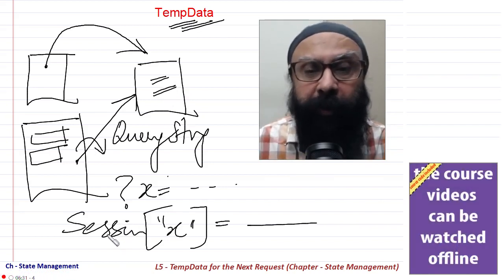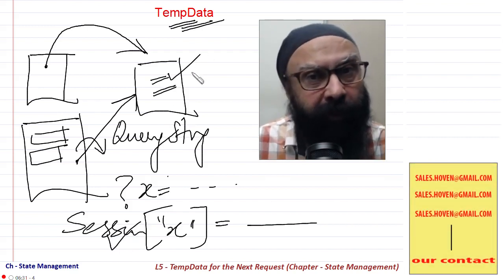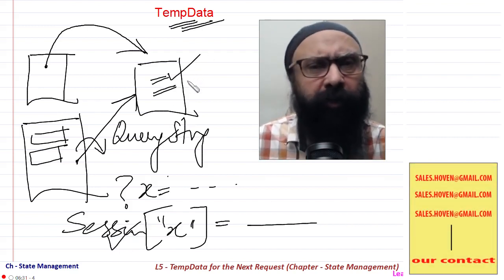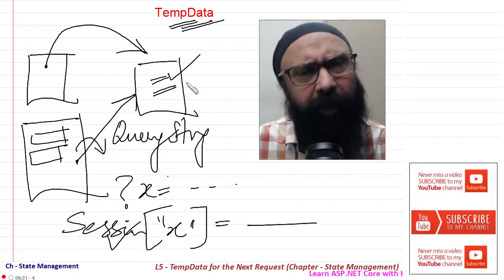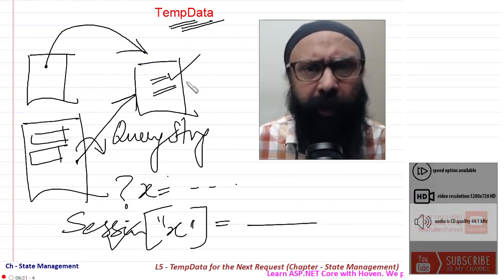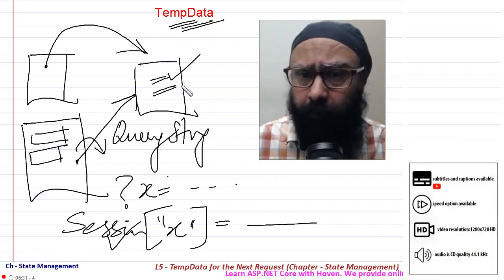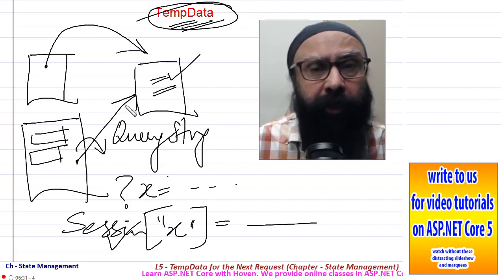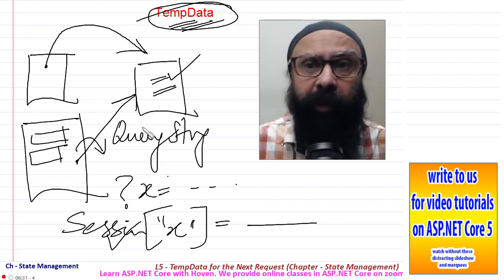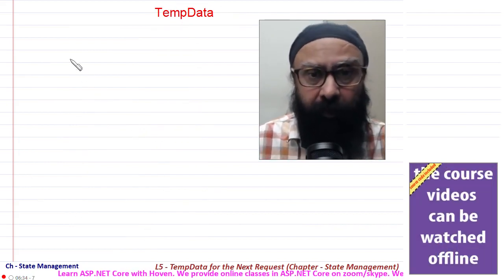But this method of session and clearing it away requires you to add some code. It is possible, and we have been doing it in the past also. But there is a better way of doing all this. This better way is called TempData. So let me explain about TempData first.